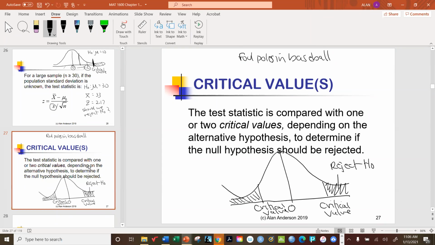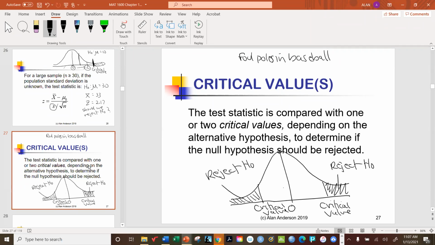And that means everything down here will tell us that we should reject the null because we're just too far away from the mean to be consistent with the null hypothesis. Doesn't that remind you of the foul poles in baseball? These are the two foul poles and the rest is fair territory. Maybe not. But anything in these two tails would cause us to reject the null hypothesis.